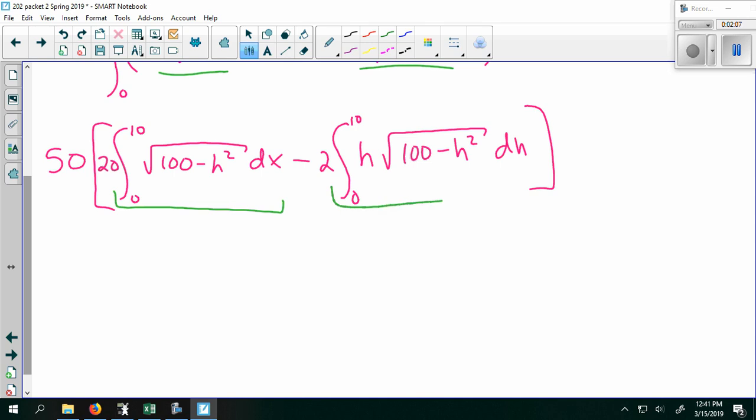Replace this integral with a value. Oops, that's supposed to be a dh right there. Okay, so each of these integrals is just some number. And so it's going to take a little bit of work to get it, but I'm going to do it on a different page.